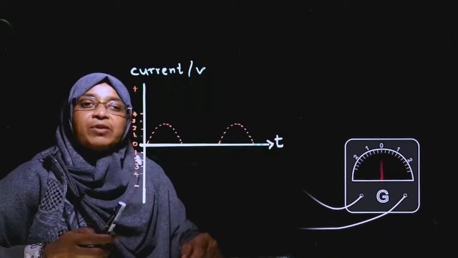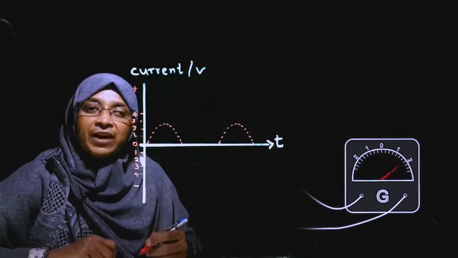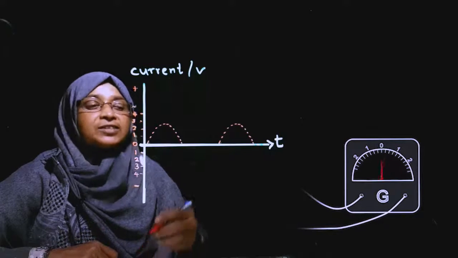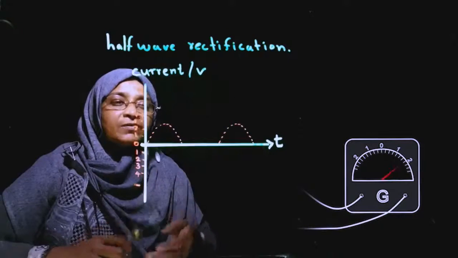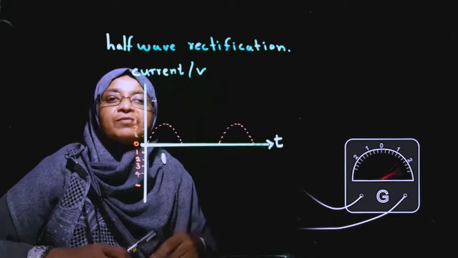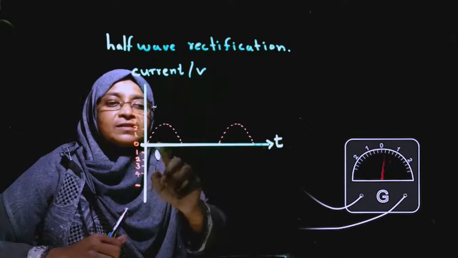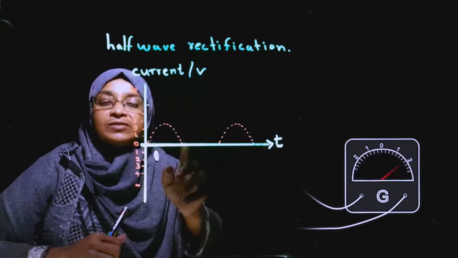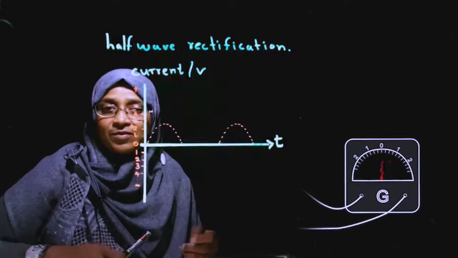This type of rectification is called half wave rectification. Here we are observing a great variation of voltage. There are positions where the current drops down to 0. In this time, current does not flow.